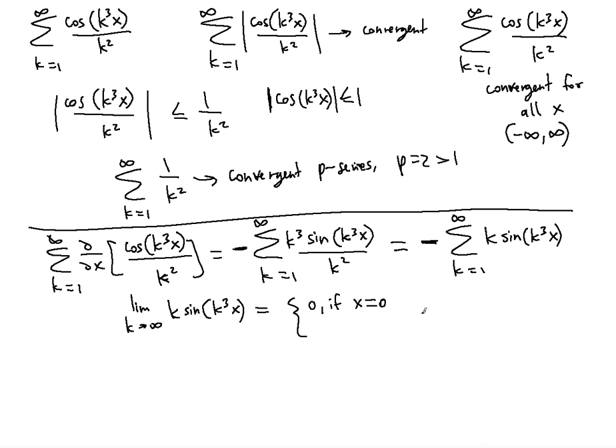But you have to be even more careful. x is not just 0, right? So we have to account for all types. We have to count not only 0 but also pi, 2 pi, 3 pi, and so on and so on.